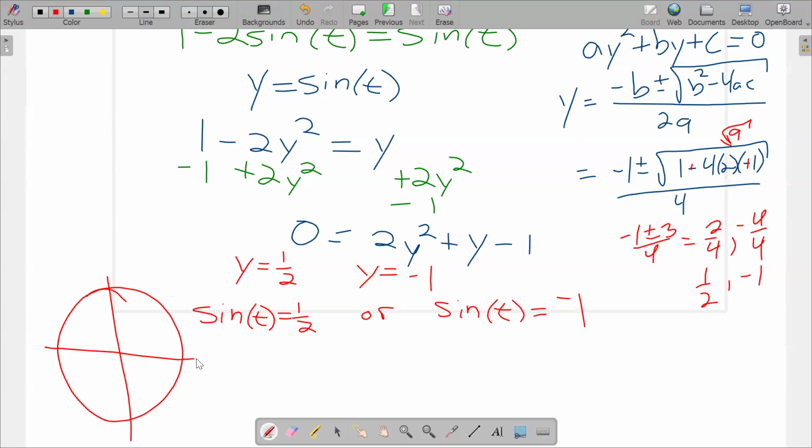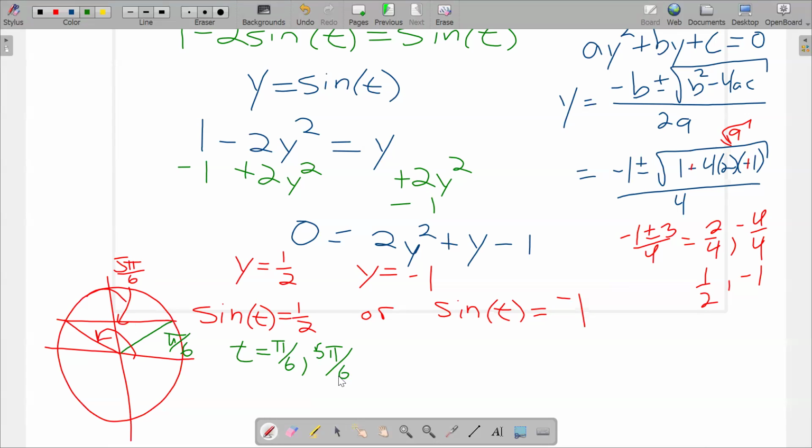So let's see, if y is 1/2, that's one of the angles, and that should be what? Special angle. pi/6. And then the other special angle over there would be pi minus pi/6, or 5 pi/6 would be this other one. So I've got t equals pi/6, 5 pi/6 here.